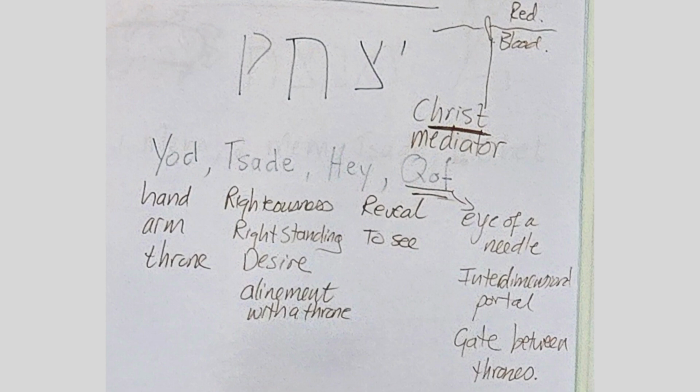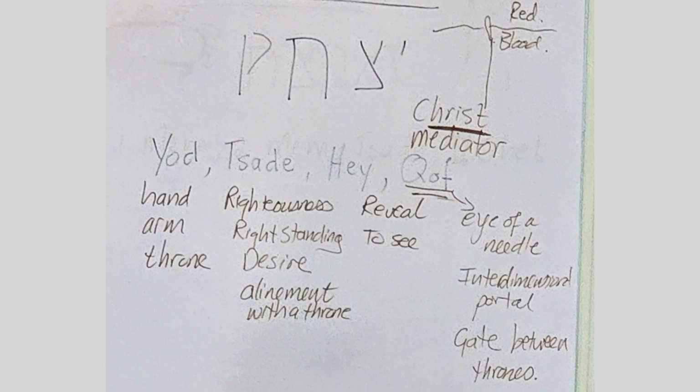So, what do we see here with Isaac? We see it is the throne of righteousness that reveals the eye of the needle.